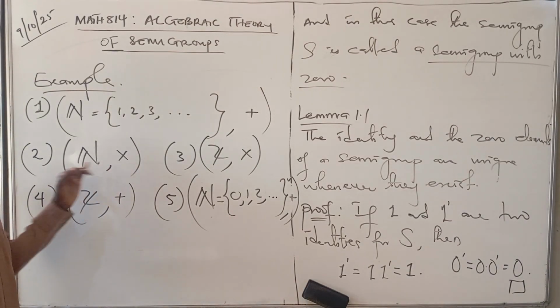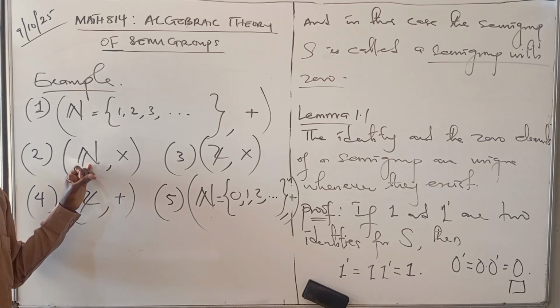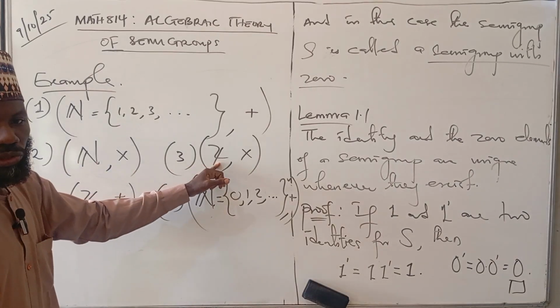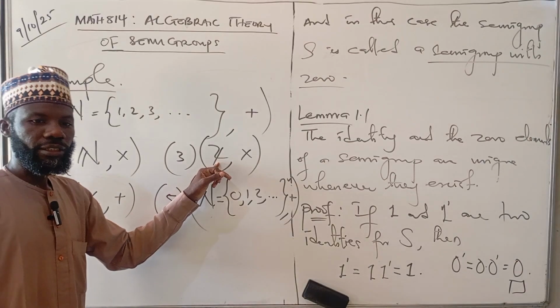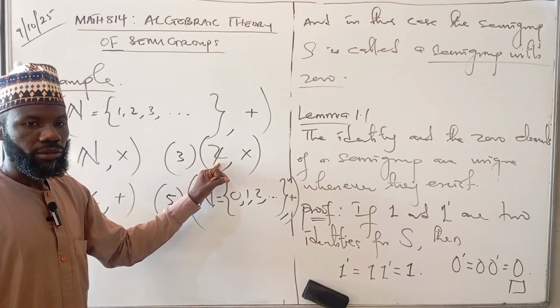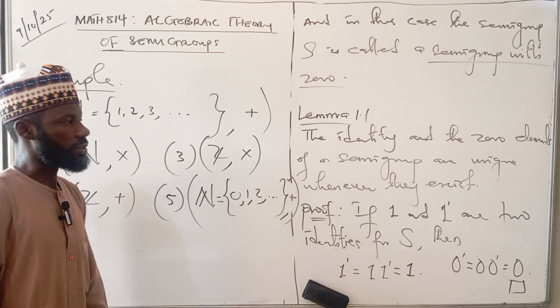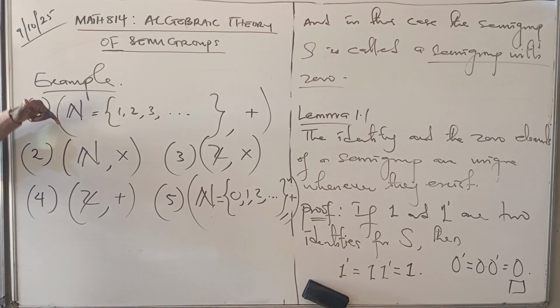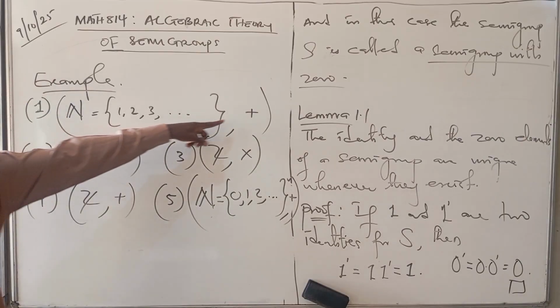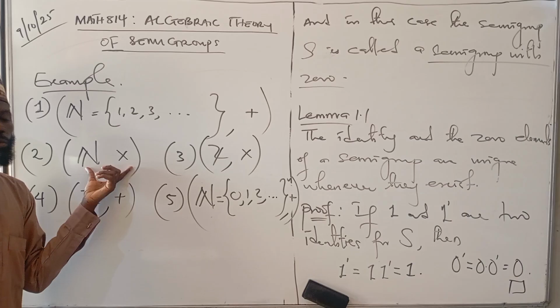And this semigroup, it has identity. The identity is what? The number 1. I hope it's okay. There is identity also here. What is the identity? The number 1. Does it have 0? Yeah, the number 0, the 0 element of the semigroup, because the operation is multiplication. So you see, this set was not a semigroup with 0 under addition, but with respect to multiplication, it becomes a semigroup with 0.